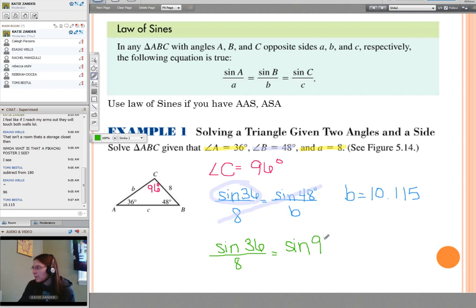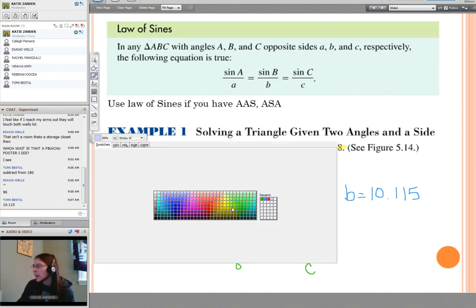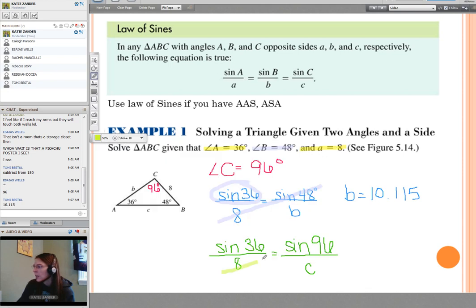But because we are looking for side C, we have to make sure that the second ratio is using angle C up in your sine. All right, now we're going to cross multiply and do the same thing here to find what side C is going to be.